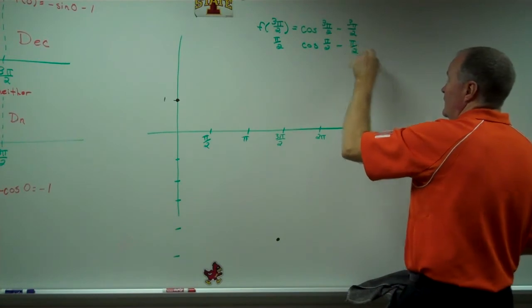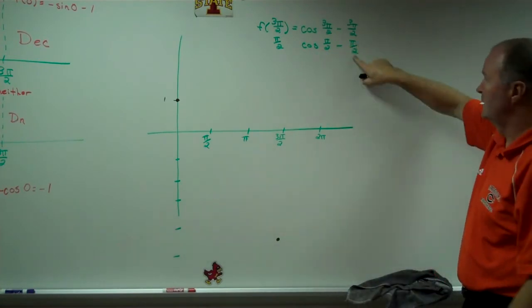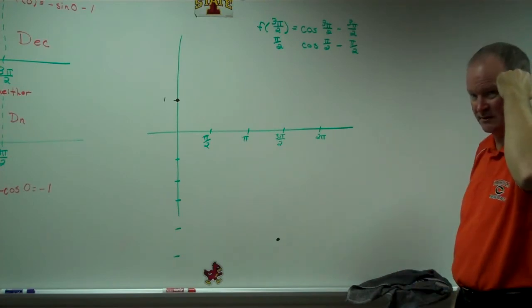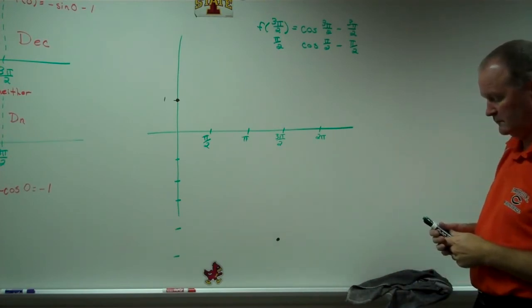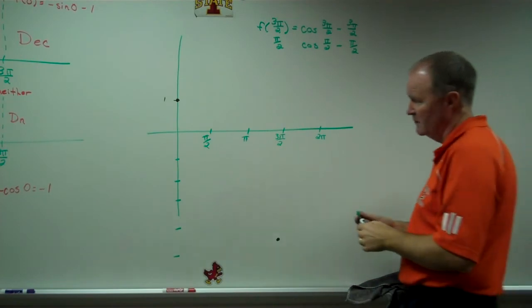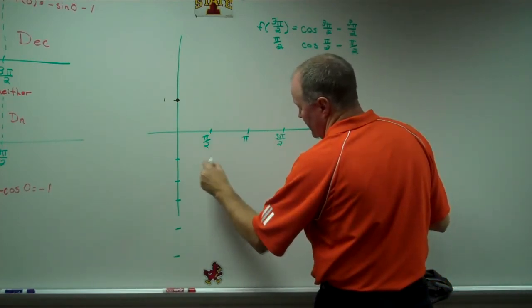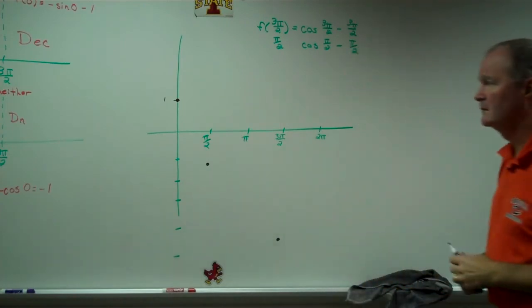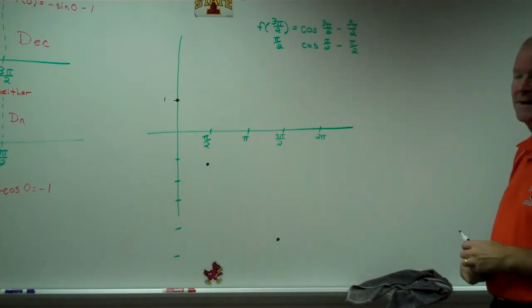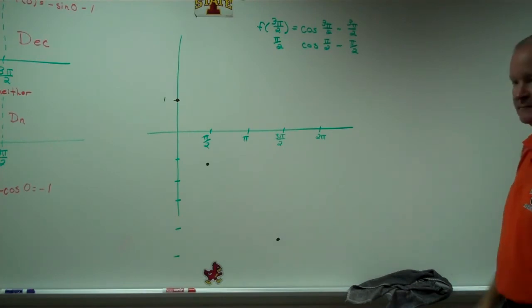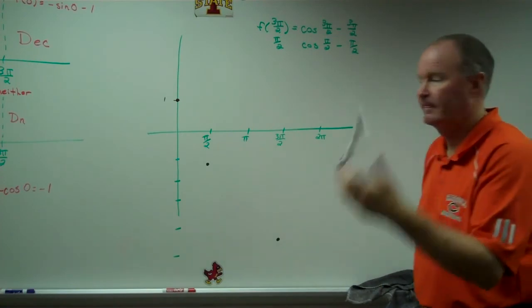Pi over 2, I think we wrote it up on the top. 1.57. So about 1.5, which is right there since it's negative. Wow. Anything else we got to put on there? Looks pretty good so far.